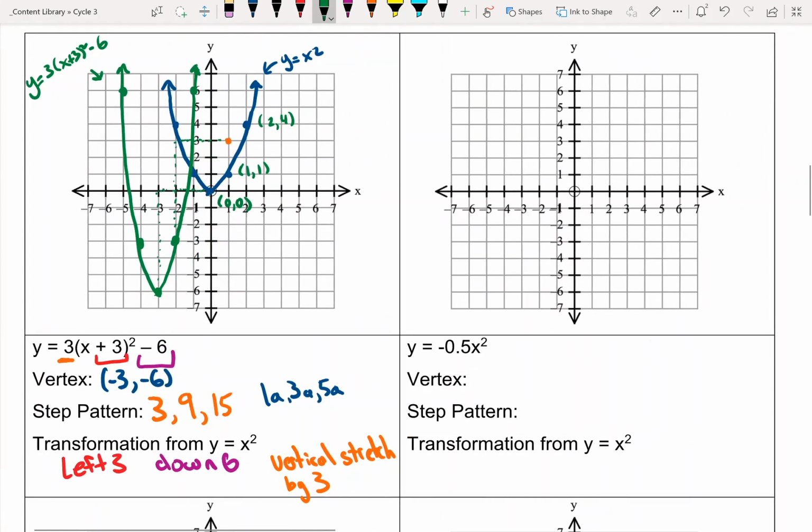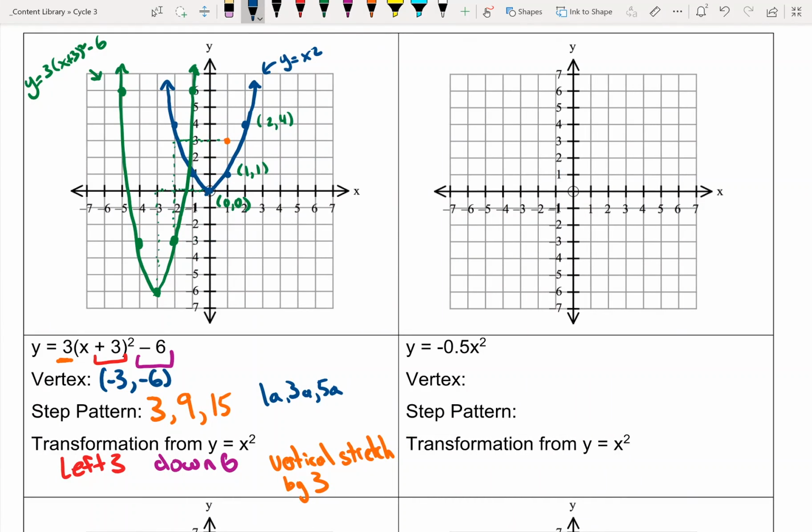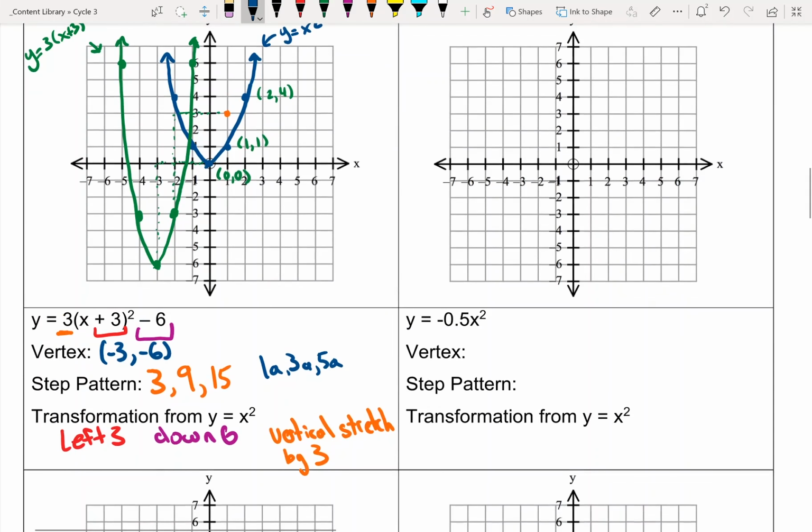We'll do one more example, and then we'll look at a sine wave example. So here, y equals negative 0.5 x squared. This one is a little bit straightforward. For the transformations we're looking at, there's no bracket with the x, so there's no left or right transformation.